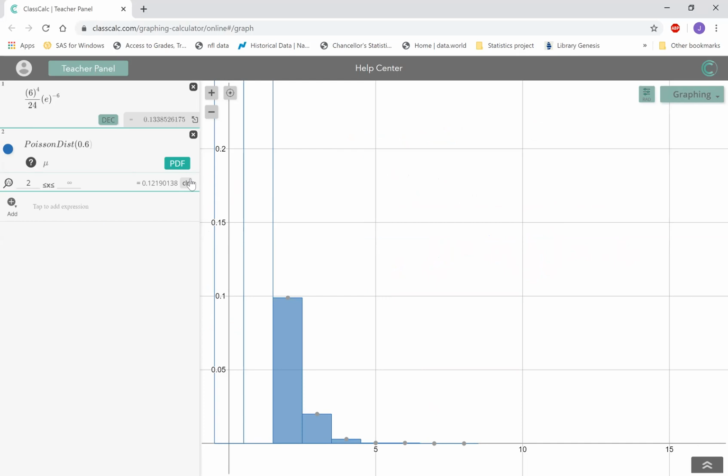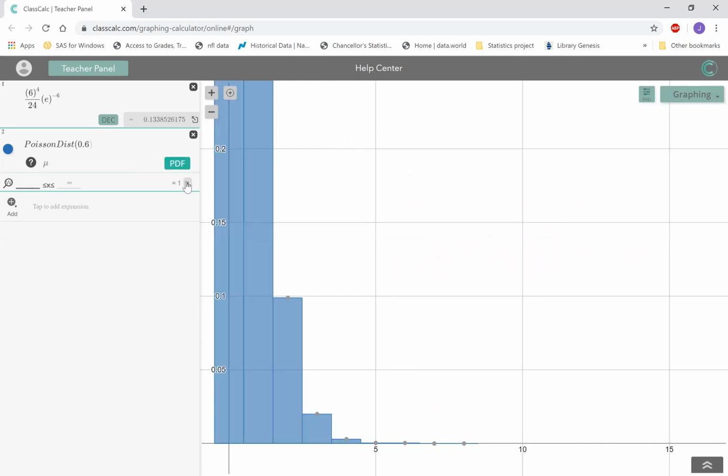For this one, we don't want a CDF anymore. Actually, we want a PDF, and we're going to do when x is equal to 1. If you look at that, that gives us 0.3293. And that's it for that last problem. Any question in regard to that last problem?